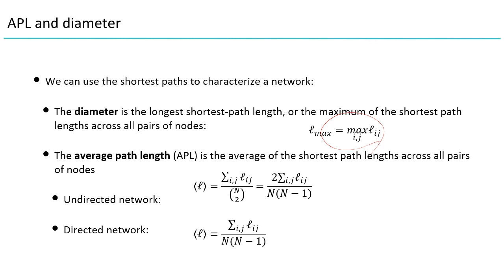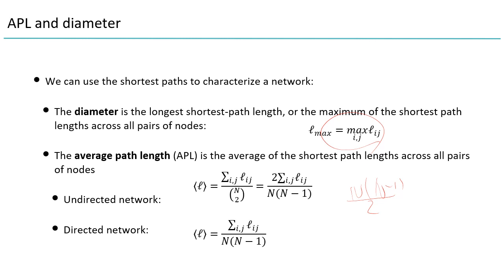And average path length is the average of the shortest path length across all pairs of nodes. The possible number of pairs of nodes is this number, and you divide by it after adding up all the node pairs between the starting node and the target node.